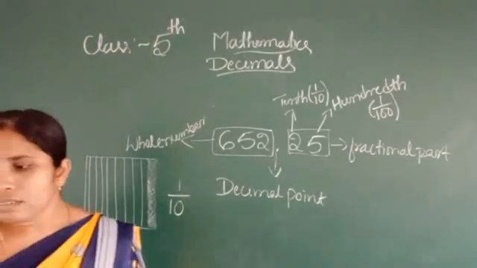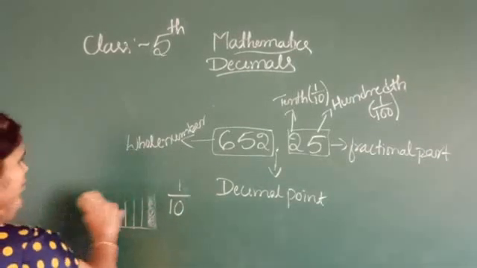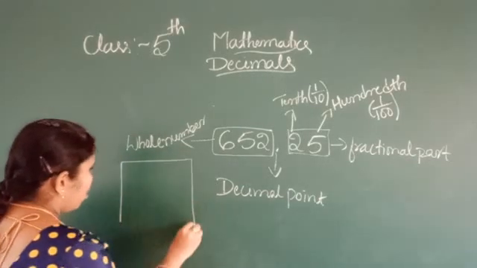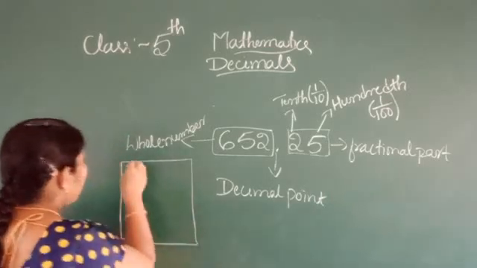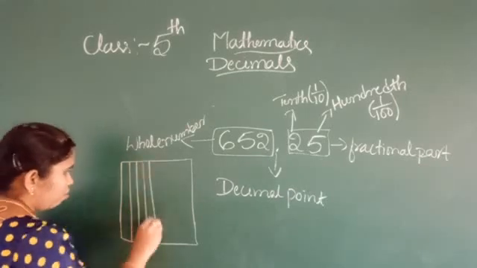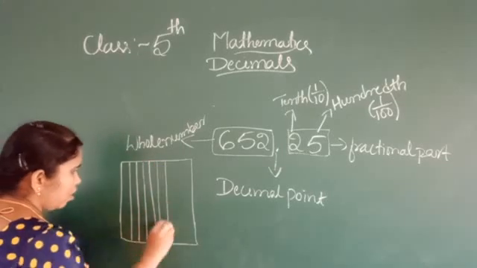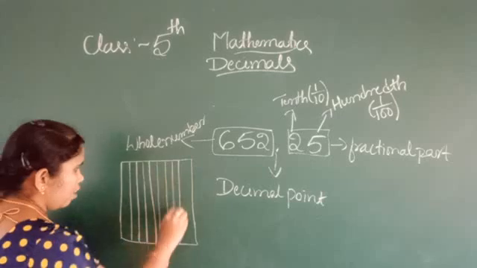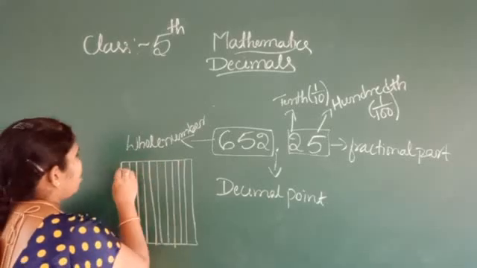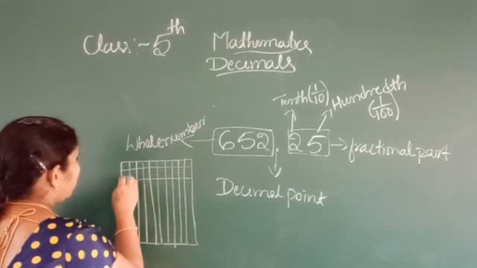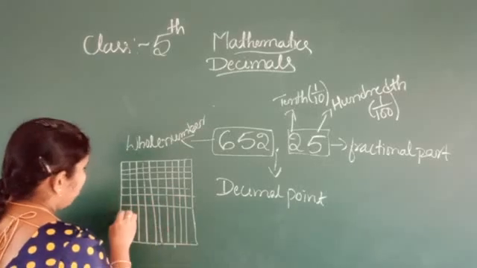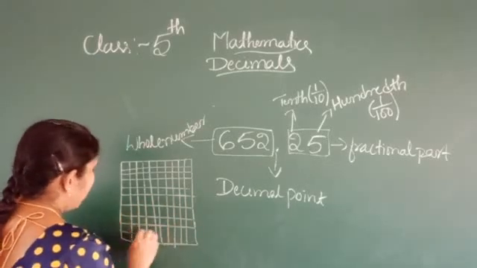Then for the 100 place, observe here, the square can be divided into 100 parts: 10 rows of 10.